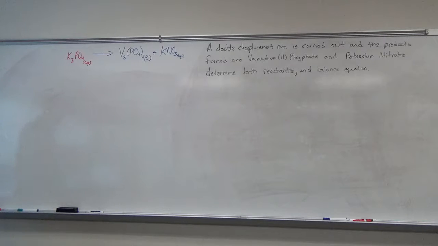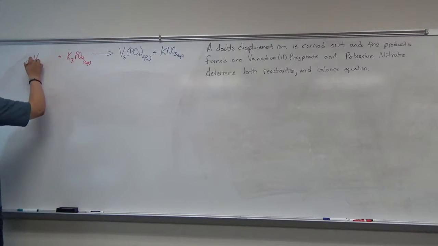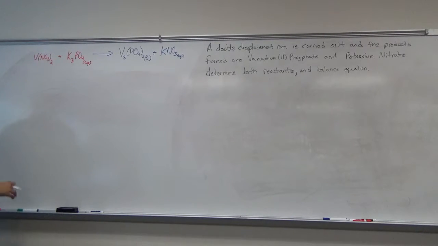Aqueous, because of our rules, alkali metal cations, potassium's an alkali metal cation, it's soluble. And V(NO3)2, because it's V2+, is also aqueous.